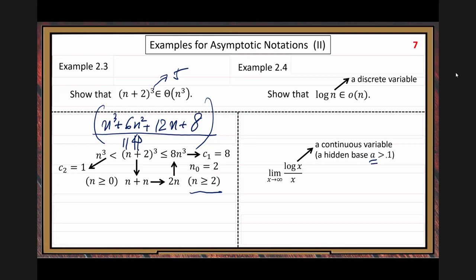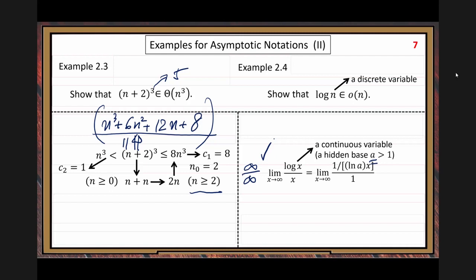Then, first we check the indeterminate form. In order to apply L'Hopital's rule, we need to check that the ratio takes one of the indeterminate forms. Yes, infinity over infinity, so no problem.